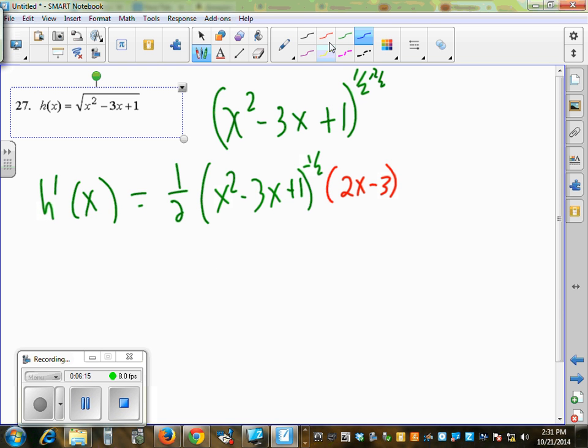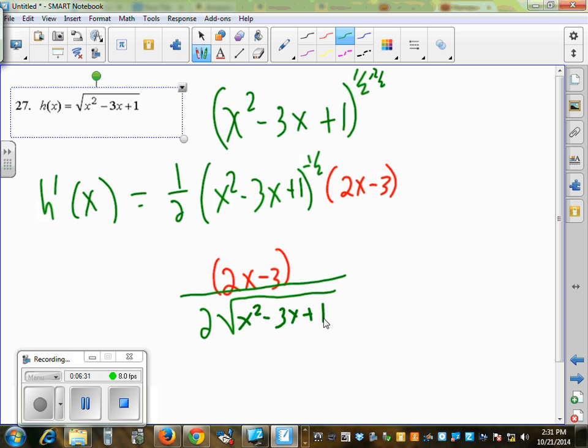So I am thinking this is going to stay in the numerator. Our denominator will have a 2, and then since this is a negative exponent, we will flip it to the bottom where the exponent will become positive. You could either call that half power or leave it square root. That will be your answer.